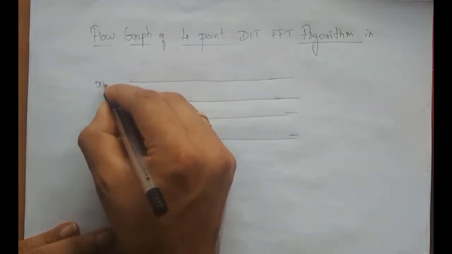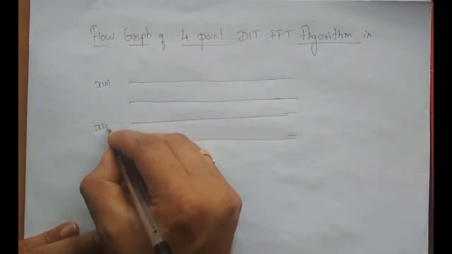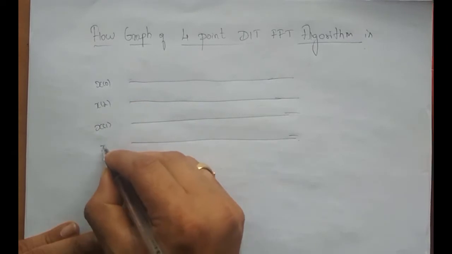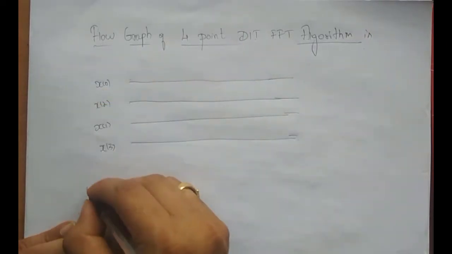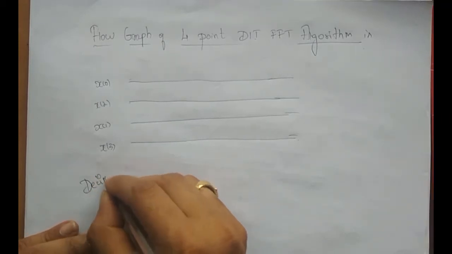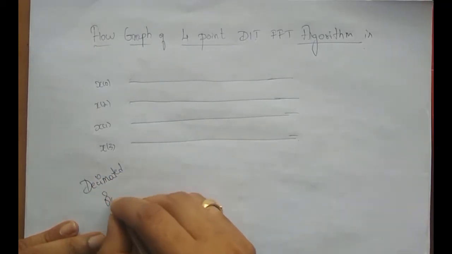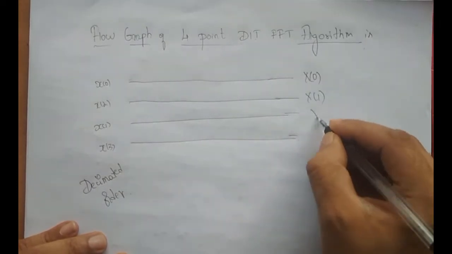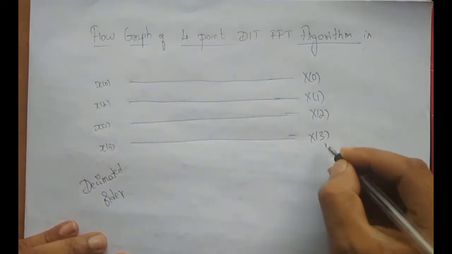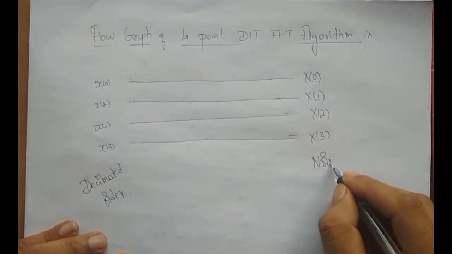So this is x of 0, x of 1, x of 2 and x of 3. Since it is decimation in time and the input is time, this is in decimated order. And the output is frequency domain, X of 0, X of 1, X of 2 and capital X of 3. So this is in normal order.